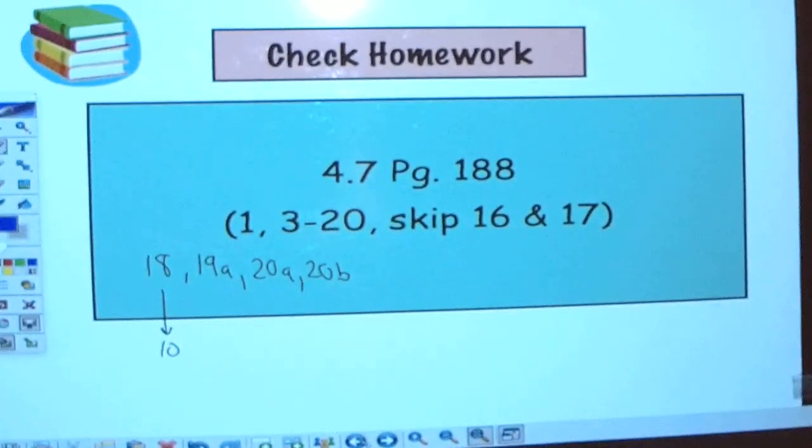Number 7 is y minus 8 equals 3/4 times x minus 4. Number 8 is y plus 3 equals 4 times x minus 1.